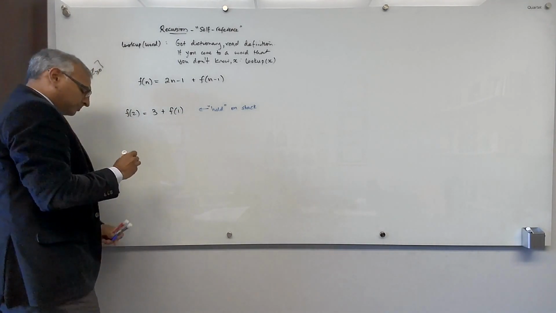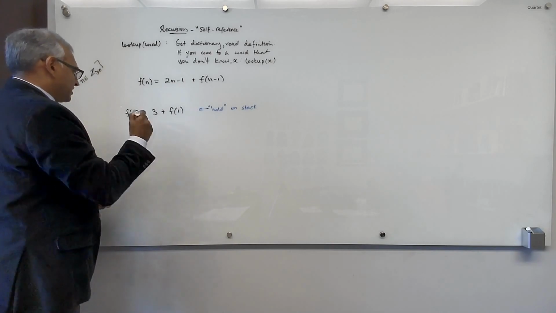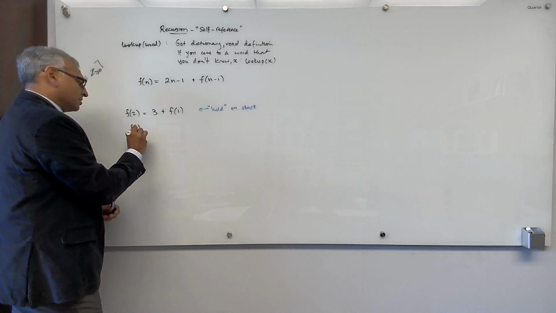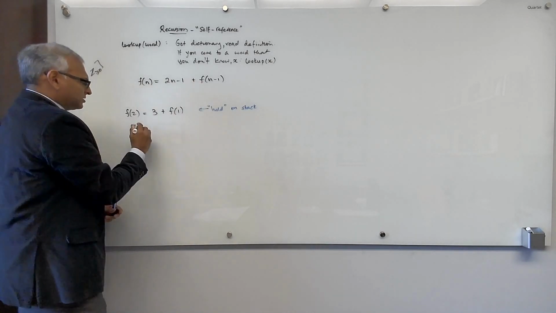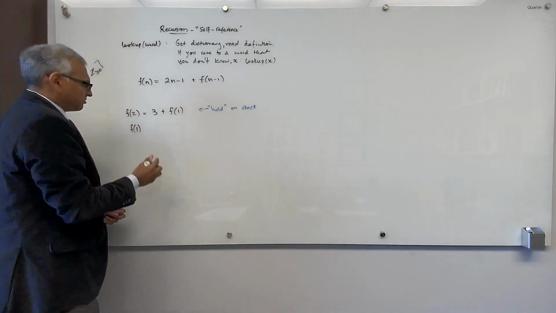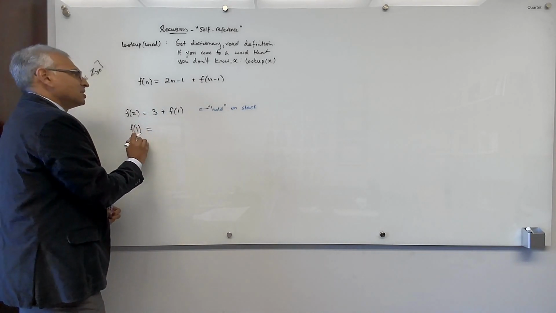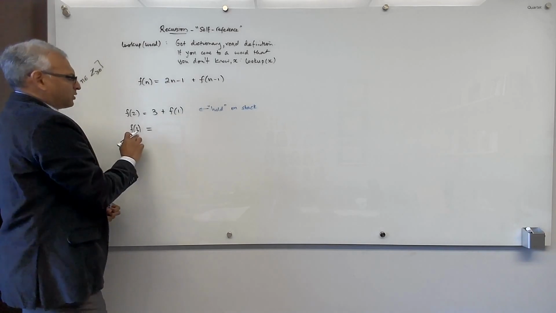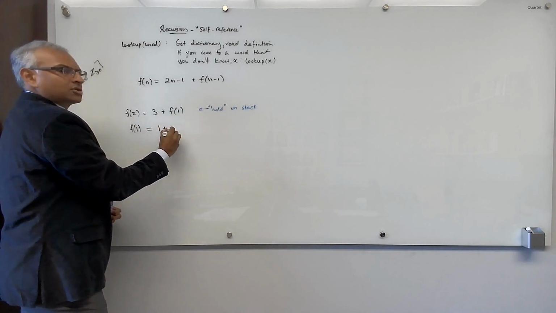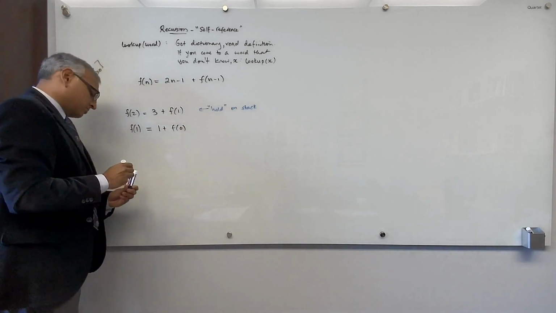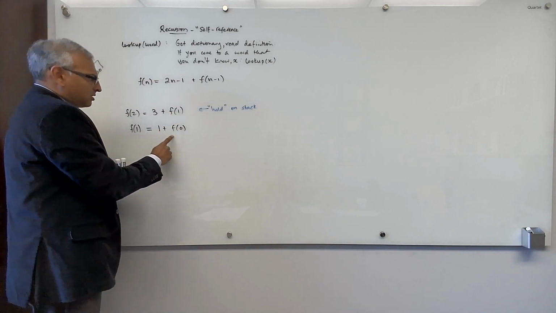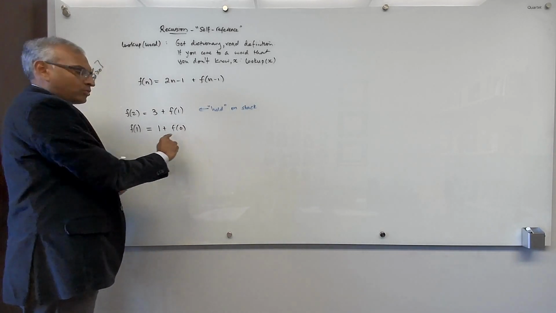So it asks, I need to now compute f of 1. Well, we know how to do that. We've defined this function. It's an executable function. That's 2n plus 1, where n is 1, so that's 1 plus f of 0. Now I need to figure out what's f of 0. So I need to put this on hold while I do that.